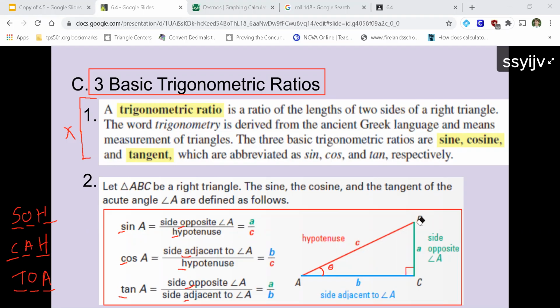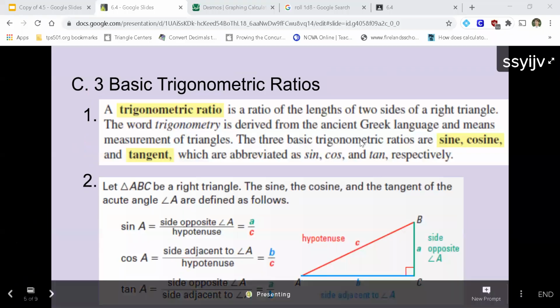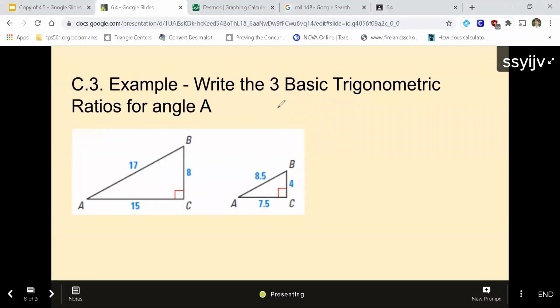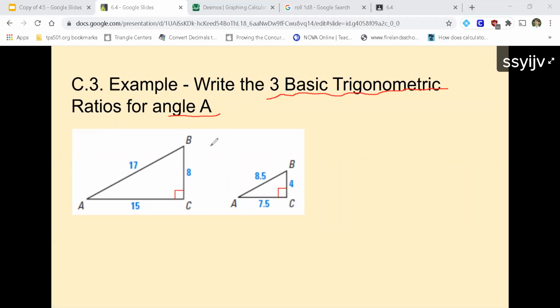Does anyone need more time to write? Can we fit? Oh, okay, let's finish on one example and we'll do more of these on Monday next week. So for example, if I want to write my three formulas for angle A, again, there are two steps. First step is to label.